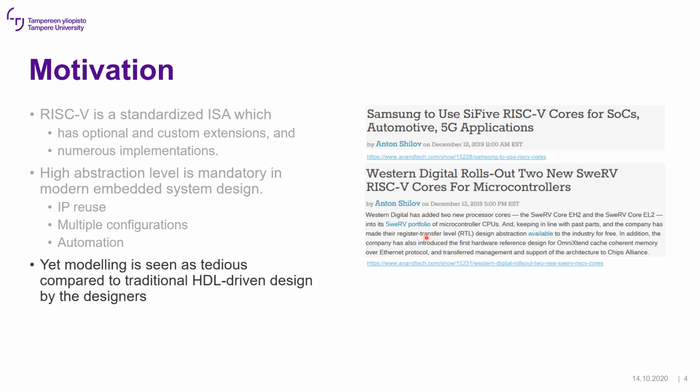And our interest in this topic was, all right, what are the features that make it so? And can we help mitigate those problems and promote modeling and design automation also in not only RISC-V, but in embedded systems in general?